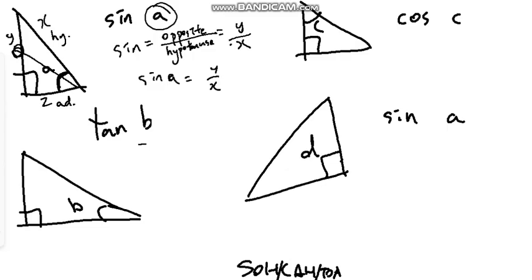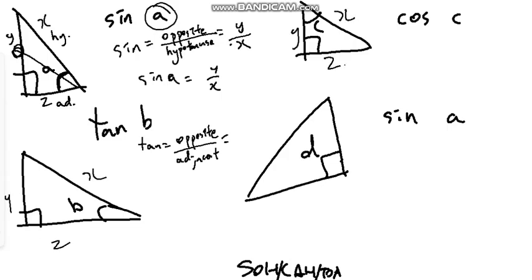Tangent B. Right here I wrote TOA for SOHCAHTOA. Tangent B, tan equals opposite out of adjacent. Sorry, I forgot to write the x, y, z. The opposite would be y, the hypotenuse would be x, and the adjacent would be z.